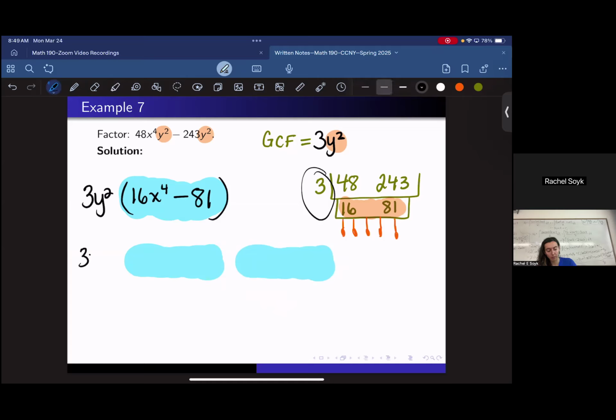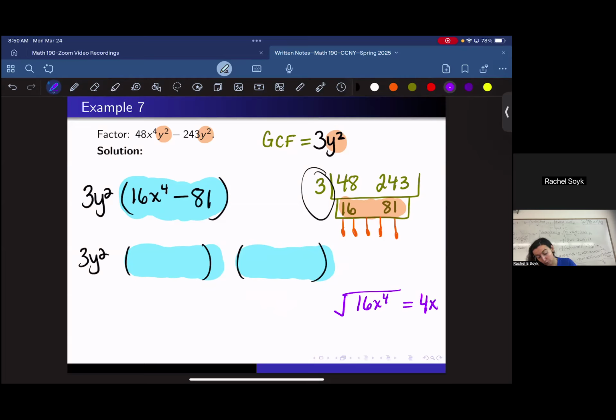We can, right? What is the square root of 16x to the fourth? 4x squared. Good. And what's the square root of 81? 9. So we're looking at 4x squared plus 9 and 4x squared minus 9.